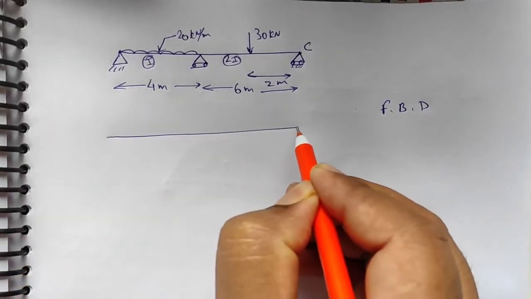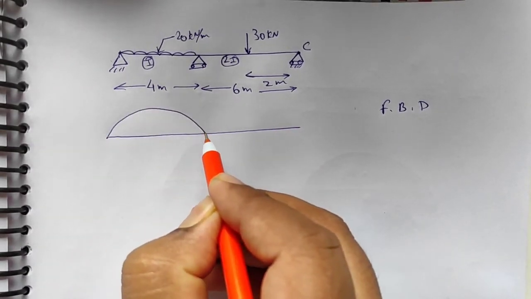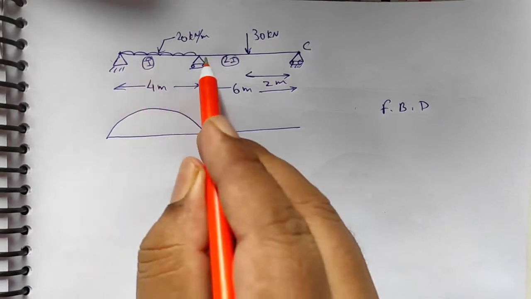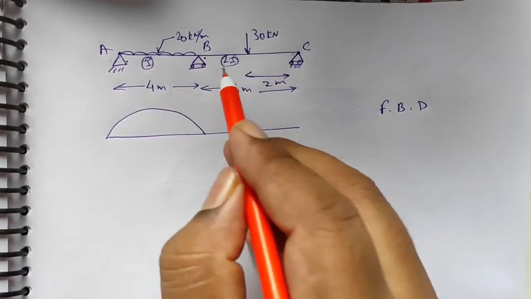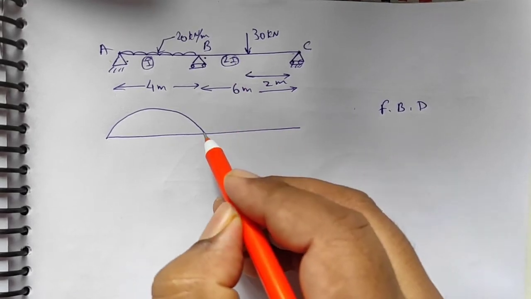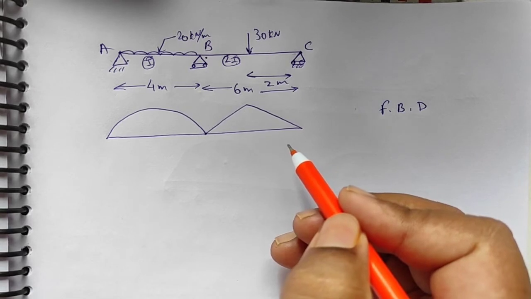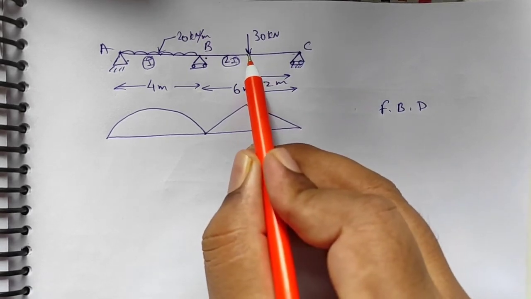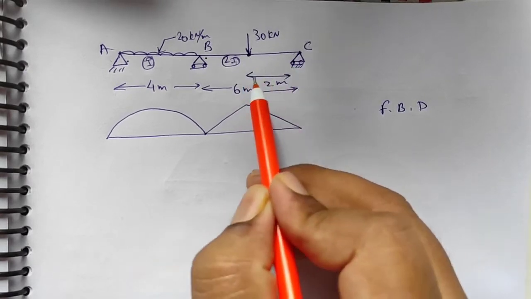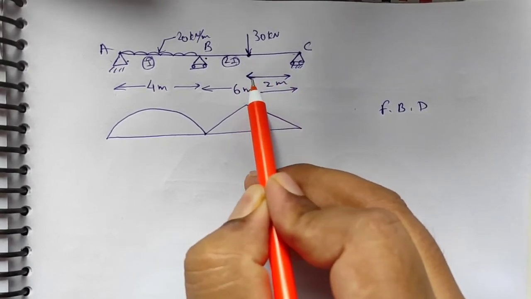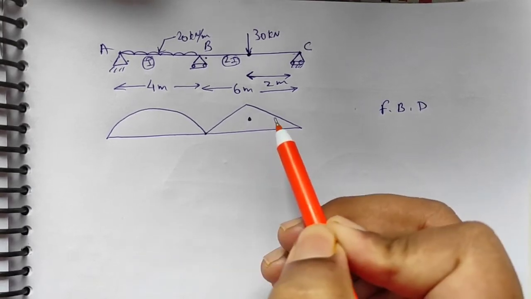The free body diagram will be a parabola for the first beam, as it is loaded with UDL, and in the second beam, as it is loaded with a point load, it will be a triangle which will not be equilateral, as the load is not at the center of the beam and is 2 meter from end C. Therefore the CG will not be at the center.